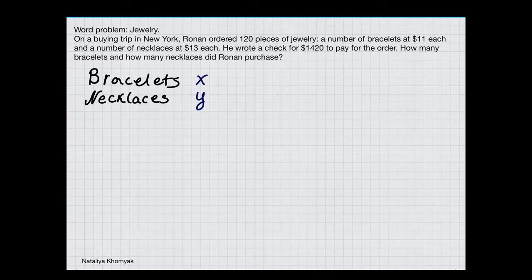I know that altogether he bought 120 pieces of jewelry, so number of bracelets plus number of necklaces totals 120. Now we know that bracelets are $11 each and necklaces are $13 each.